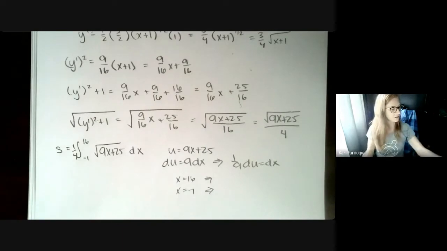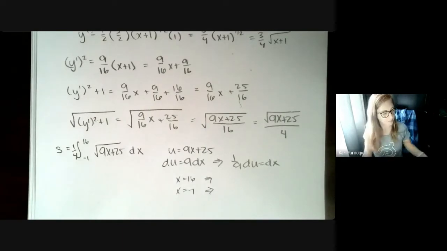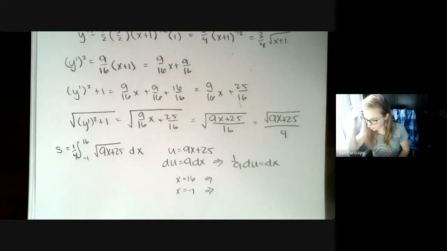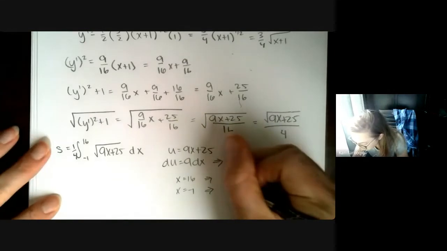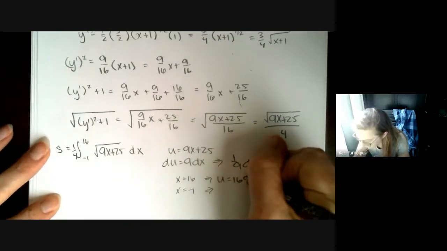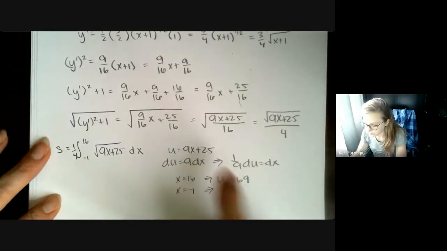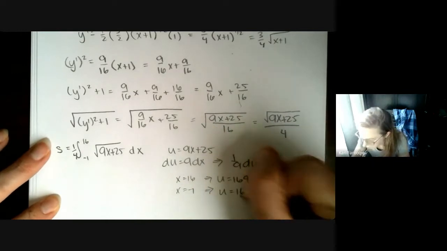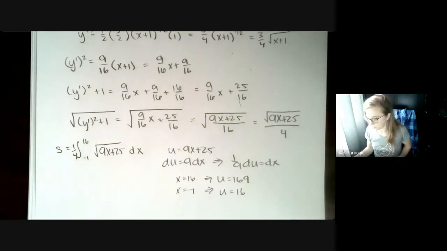Where's my calculator here? All right, so I have 9 times 16 plus 25. That's a large number. It's 169. And then the other one is just -9 plus 25, which is 16. So I'll go from 16 to 169.